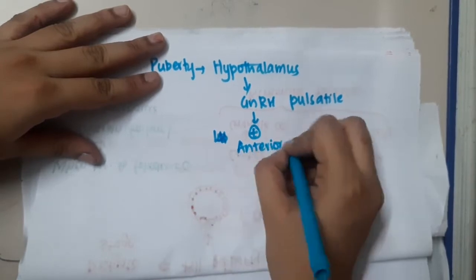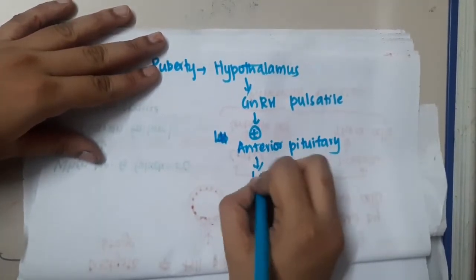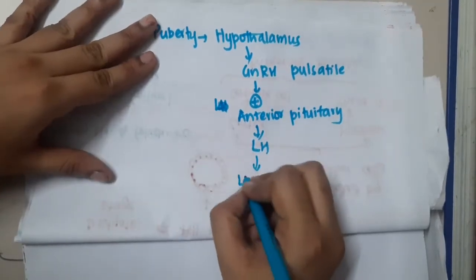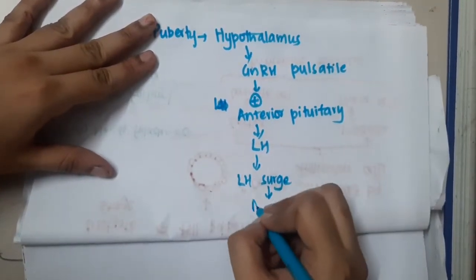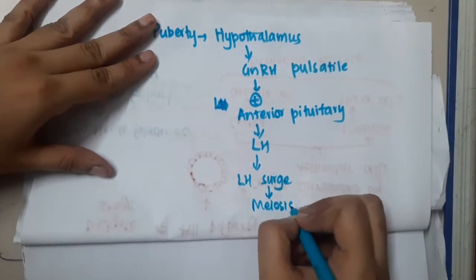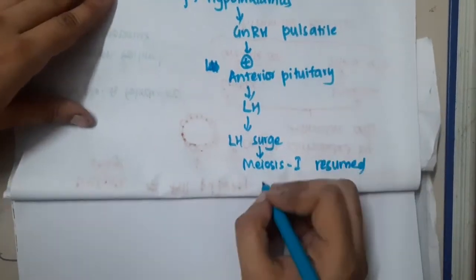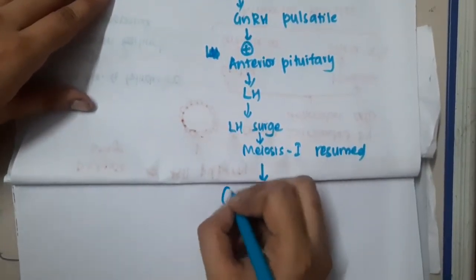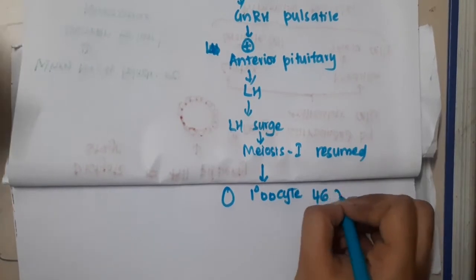Once it activates the anterior pituitary, it results in the release of luteinizing hormone. This will cause LH surge. When LH surge occurs, meiosis 1 is resumed. Once meiosis 1 is resumed, this will result in formation of primary oocyte, which is 46XX.